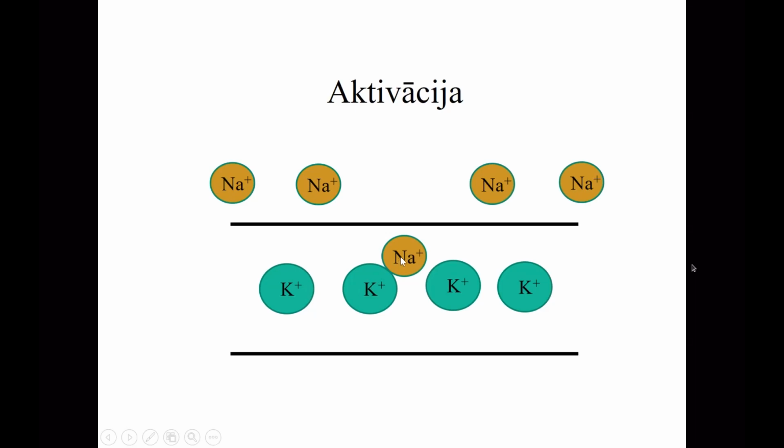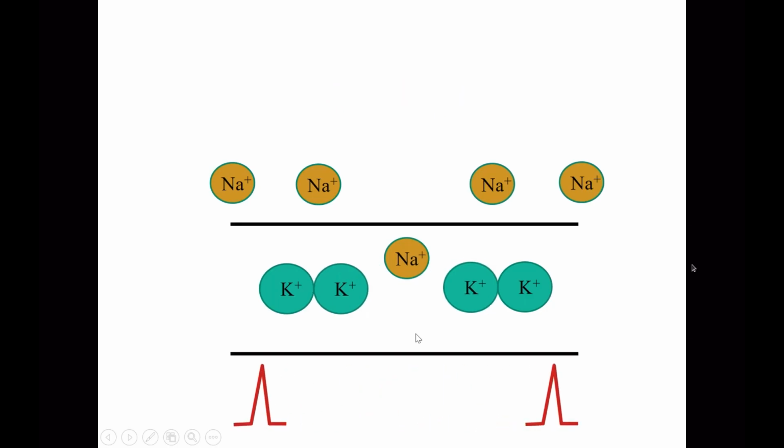Because of the electrical interaction between these positive and these positive ions, the ions must be redistributed. The potassium ions must be redistributed. Actually, we have an electrical signal that passes through the axon. This electrical signal is very sharp because this process goes very, very fast. We have a very sharp electrical signal that passes through the axon following the soliton mechanism. I believe you remember the soliton mechanism that we spoke about somewhere in the middle of our course.